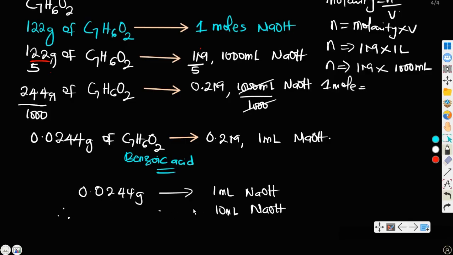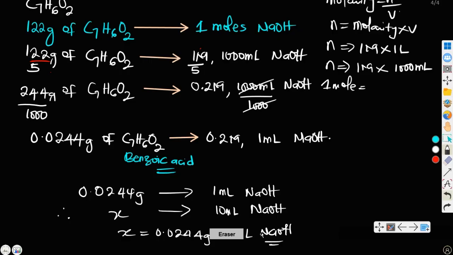You now say 10 ml will react with what? X. From here, cross multiply. So X will be 0.0244 gram times 10 ml of sodium hydroxide. Are you getting it now? I mean times 10 ml, the benzoic acid that reacted.